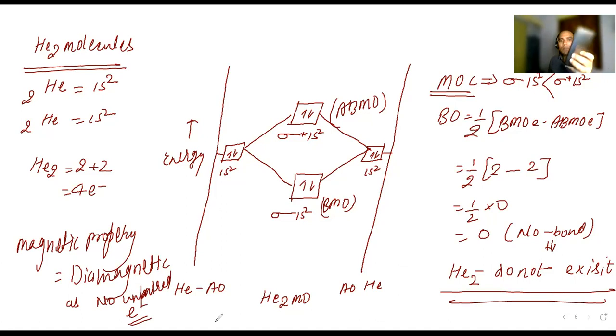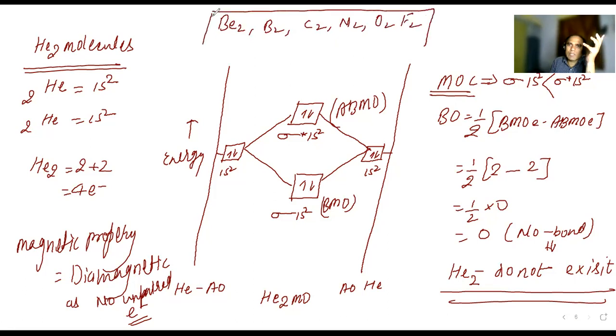In the next class we'll do the diagrams of Be2, B2, C2, N2, O2, F2. These six molecules we will study, the molecular orbital energy level diagrams of these molecules.